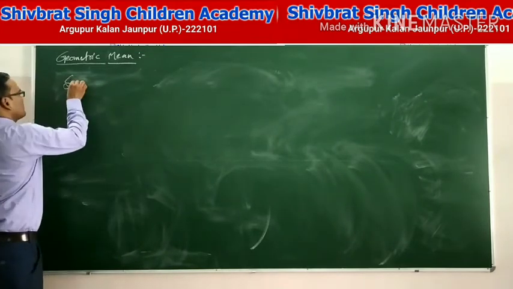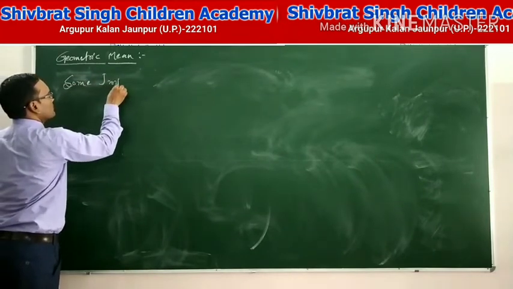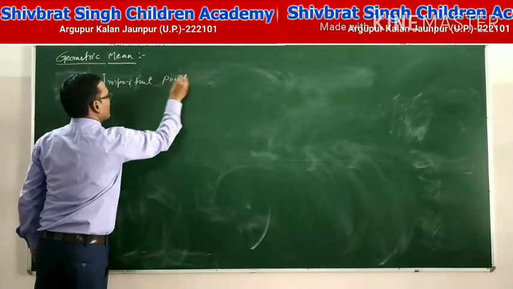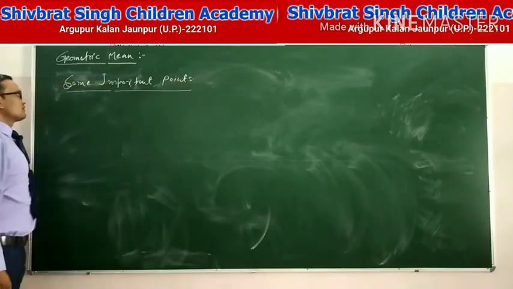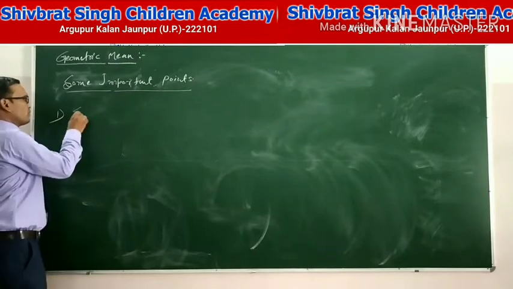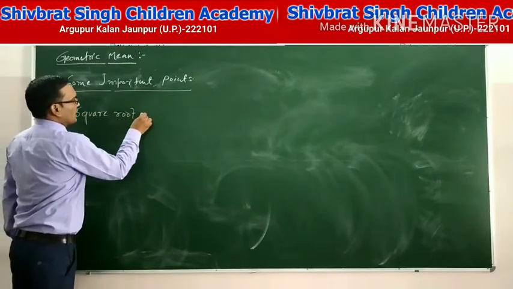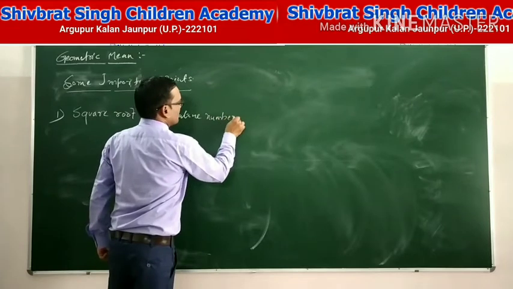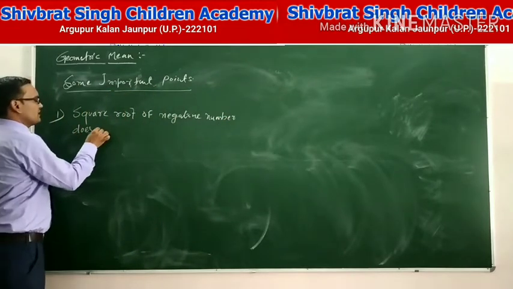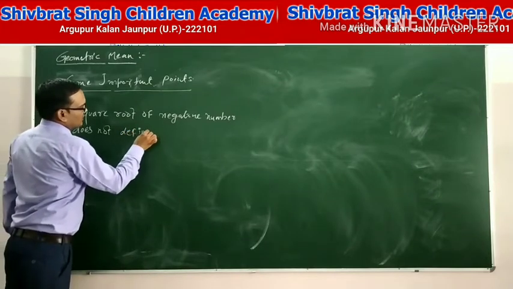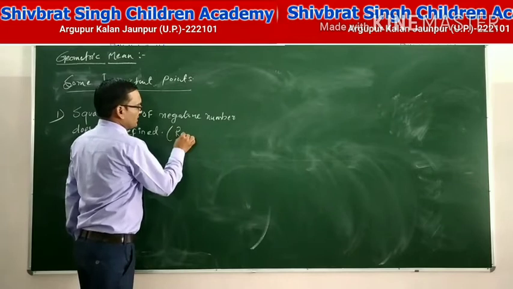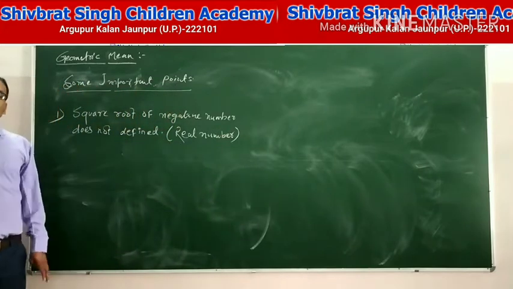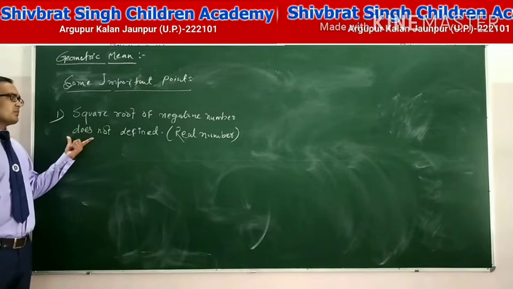Some important points. First, the square root of negative numbers is not defined in the real numbers. In the case of real numbers, the square root of a negative number is not defined.